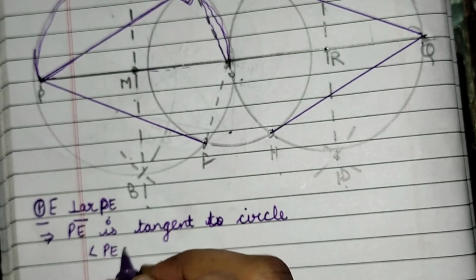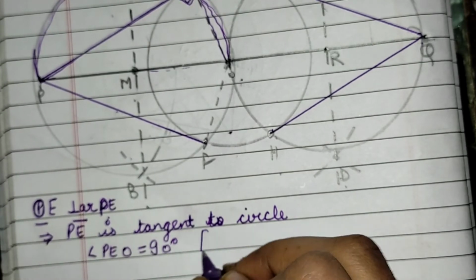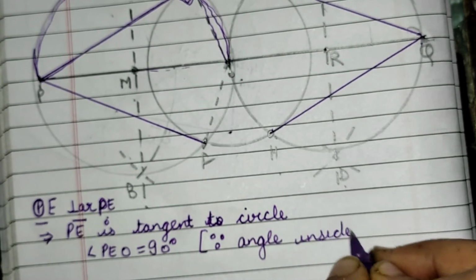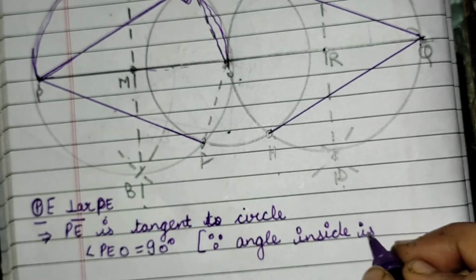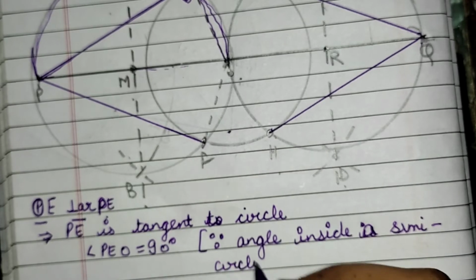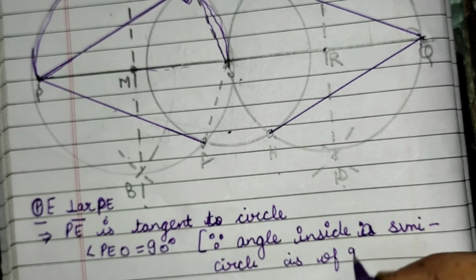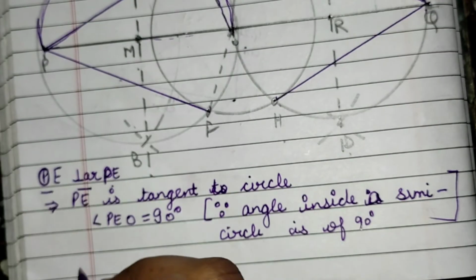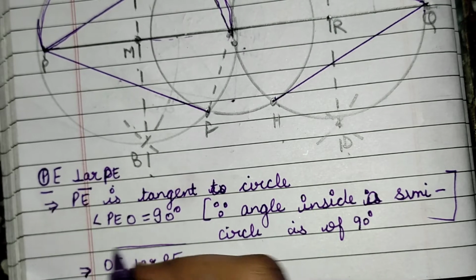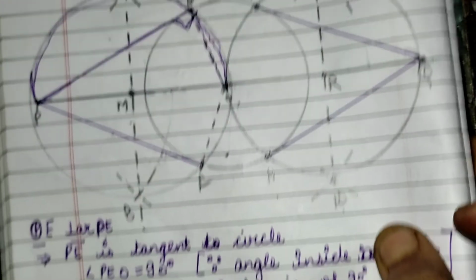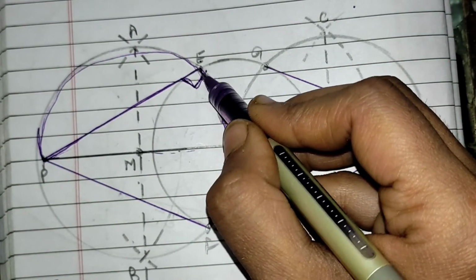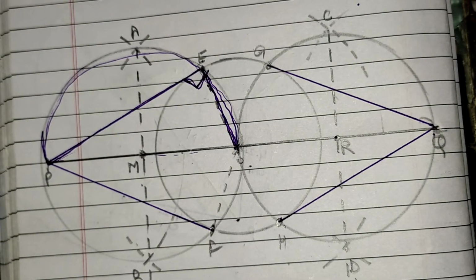So angle PEO will be equal to 90 degrees, because an angle inside a semicircle is of 90 degrees. So OE is perpendicular to PE, because between which two lines is this angle formed? PE and OE. So OE is perpendicular to PE.